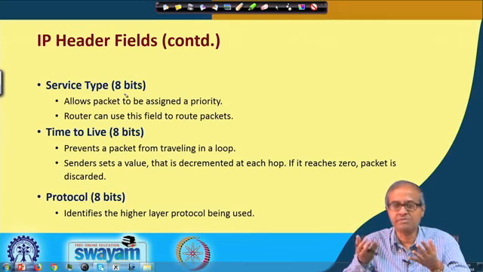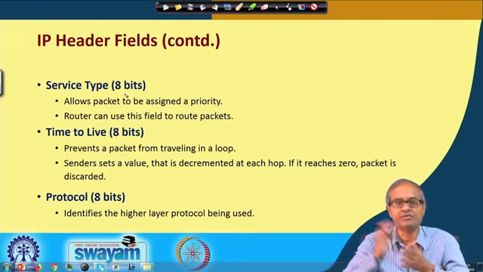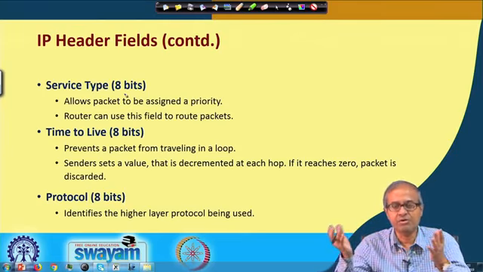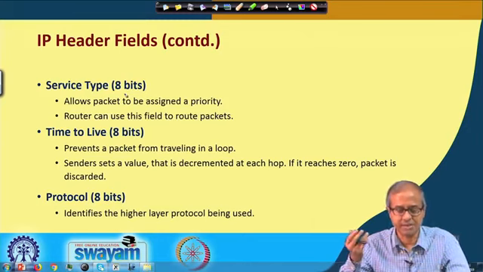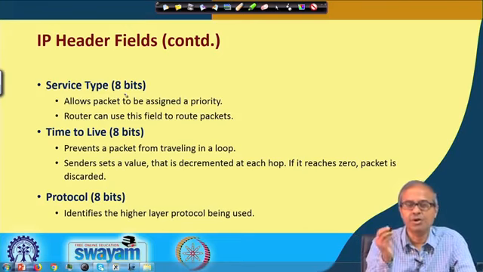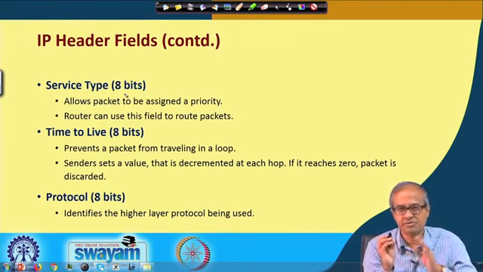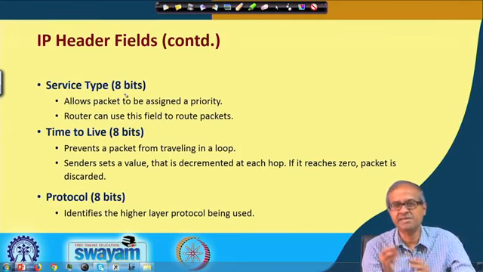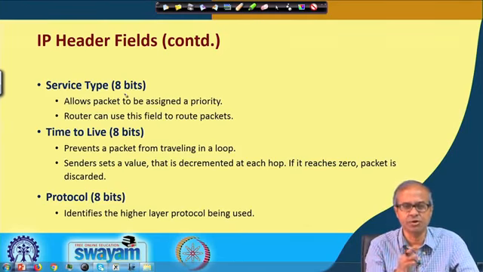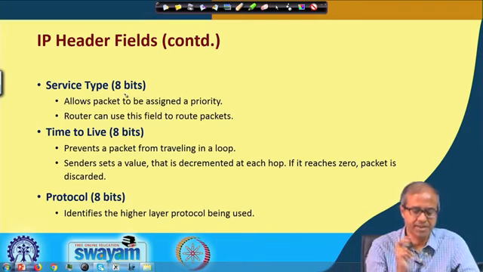Well, if you give some higher priority, then your packets will be routed first, you will get faster performance, you will get more bandwidth, like that. But not all routers support this feature. So, this feature is again used very sparingly, normally you do not use this.